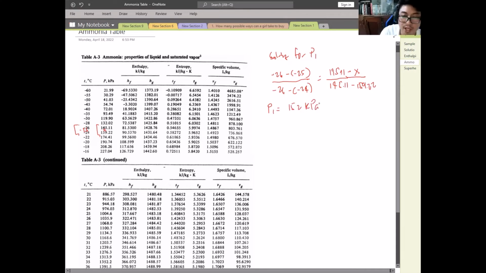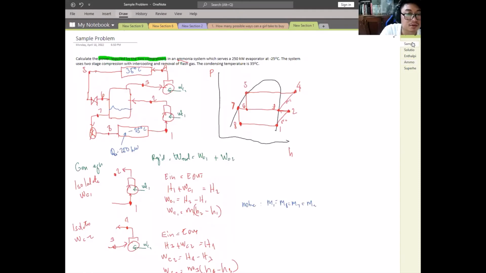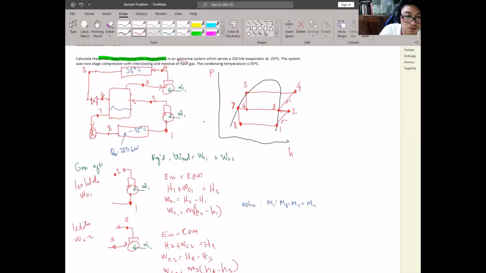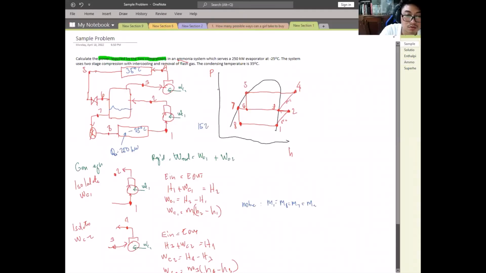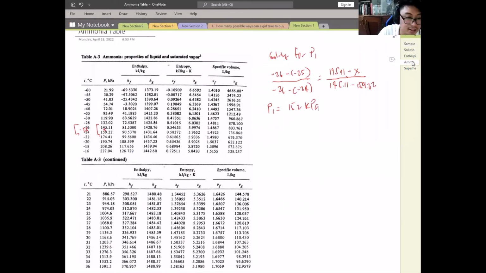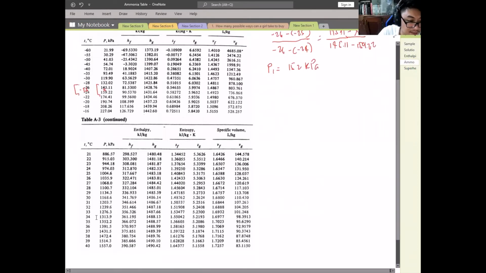Okay, 152 kPa. So lagay natin dito, so 152 kPa. So understood ito na this is kPa, no? So next, ang makukuha natin dito, I think si P4, no? Kasi given yung temperature ni 4 ng ating condenser, which is 35 degrees Celsius. So check natin sa ating table, 35 given po, no?